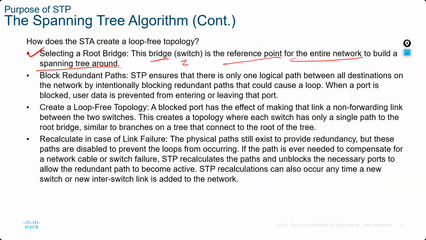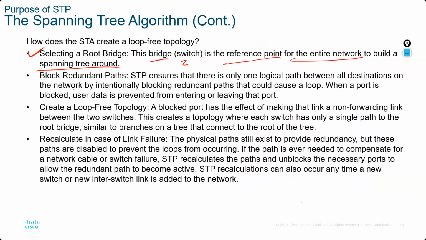Because as a switch, you have 2 different links and you need to block one of them. How will you know the one to block? You must choose a path to the root bridge, and that becomes the active path you'll be using. All the switches on the network that have more than one link to the root bridge must block one of the links after they have made up their mind on which one to use to go to the root bridge, which is the reference point for the entire network.